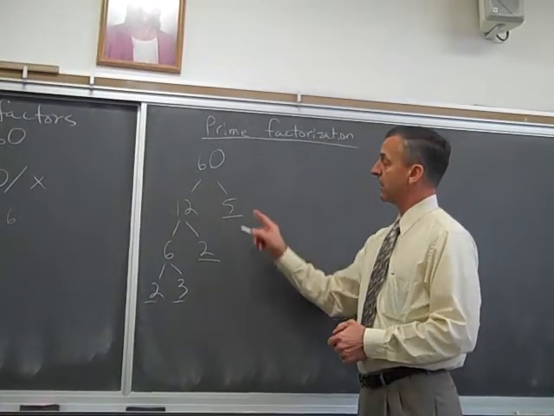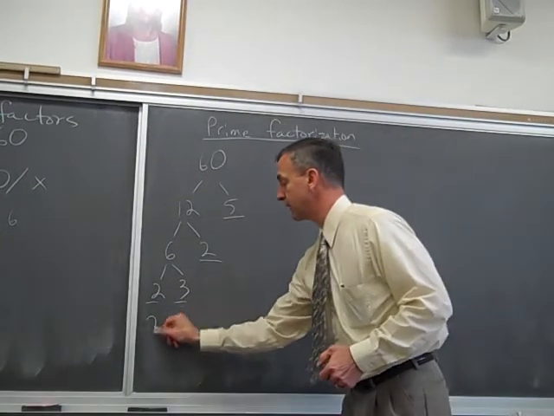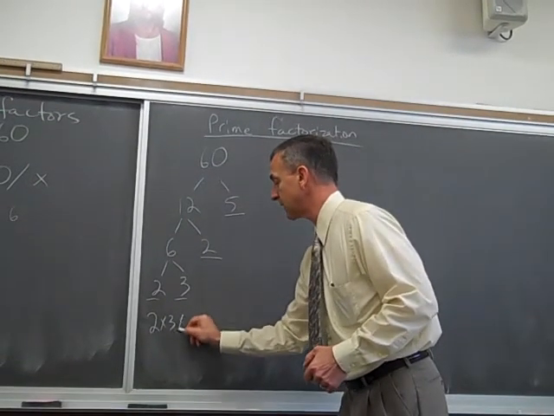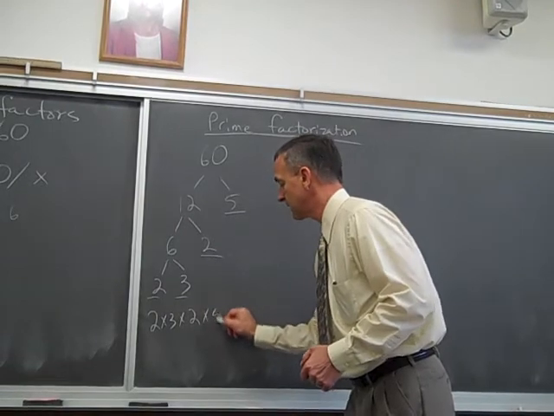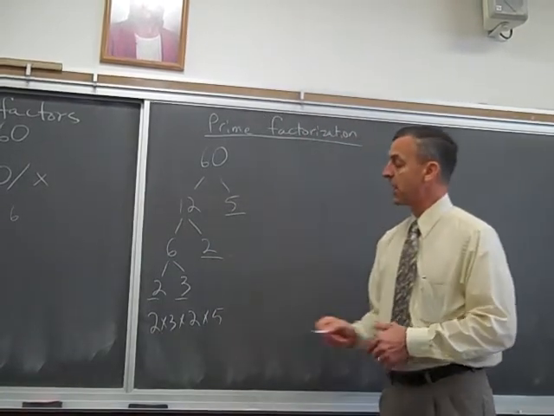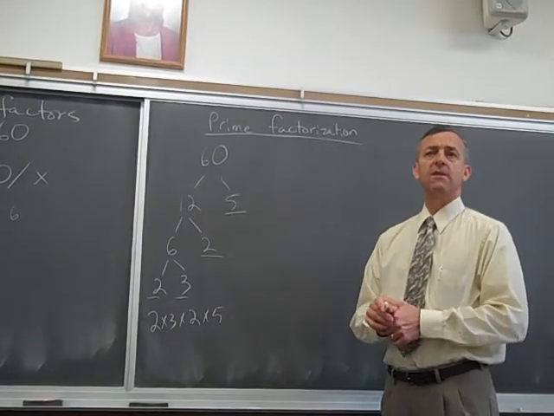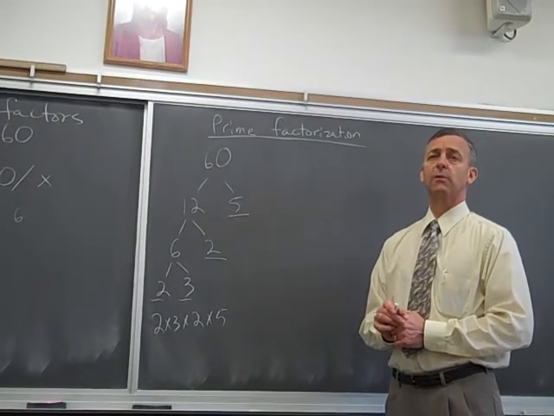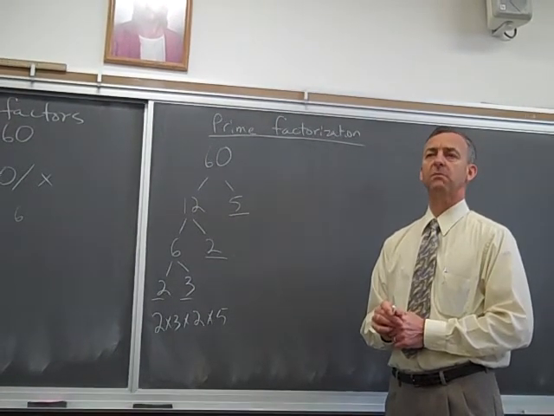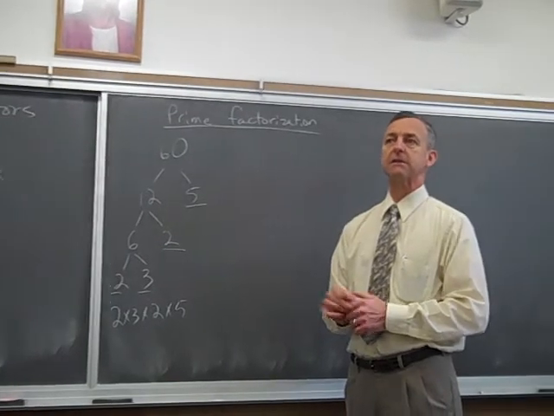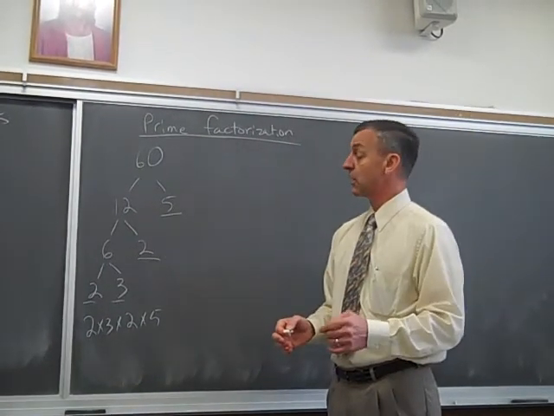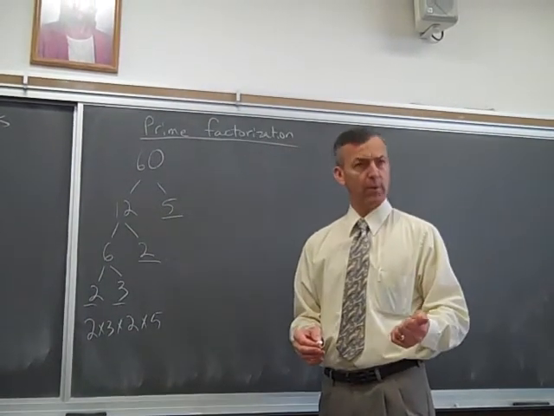So now, the numbers that are underlined, I have 2 times 3 times 2 times 5. We call this the prime factorization. Sometimes we like to write them with shortcuts because mathematicians like to write less and express things. And so we'll do what we call a prime power factorization.